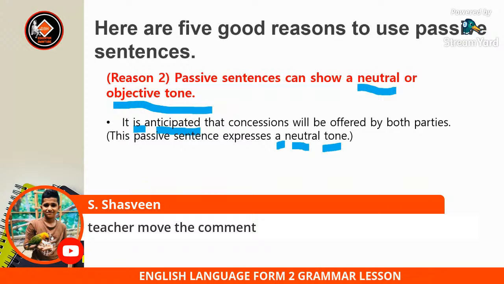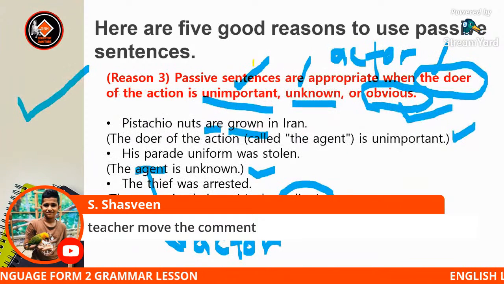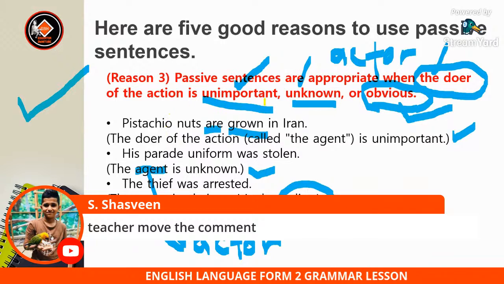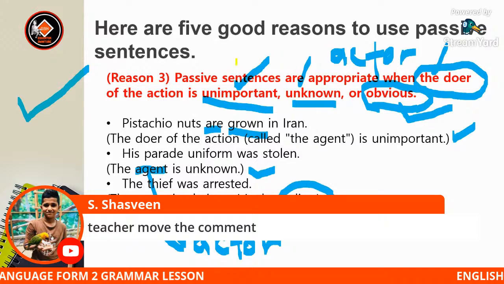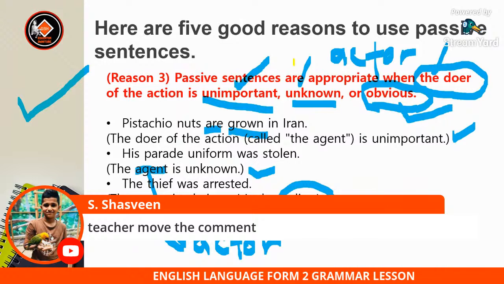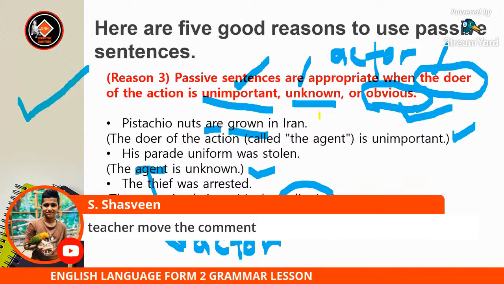Okay? So I think this one you saw just now, right? Okay, number 3: passive sentences are appropriate when the doer of the action is unimportant, unknown, or obvious. So you write a passive sentence when the person who is doing is not important, or it is unknown or obvious.